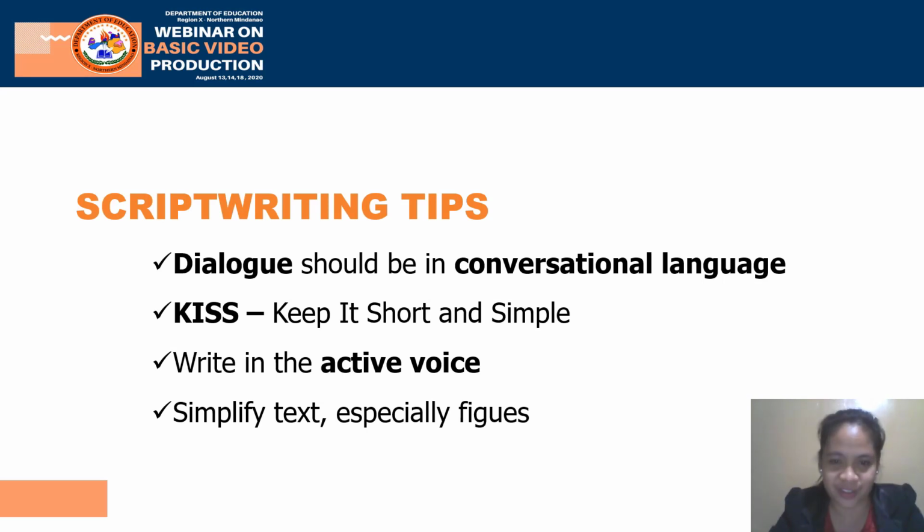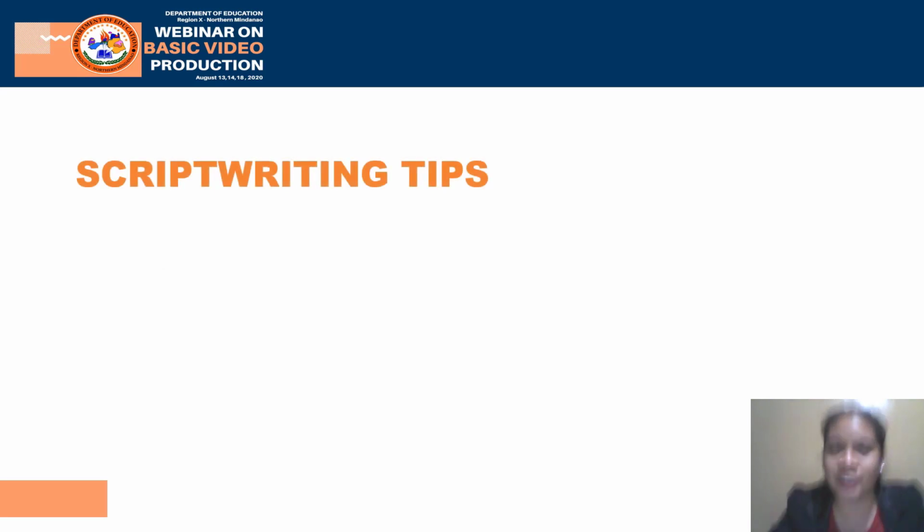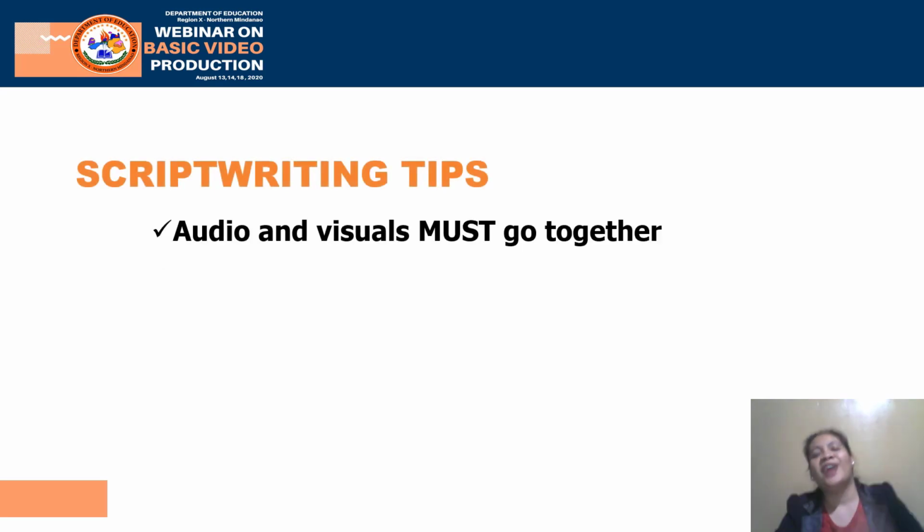That should be figures. Right? Or tips. Audio and visuals must go together. Of course, it should be that what you're saying is what you are seeing. Unlike a radio script, in radio broadcast, in delivering radio lessons, you need to describe everything so that the student will be able to picture out what you're trying to say.